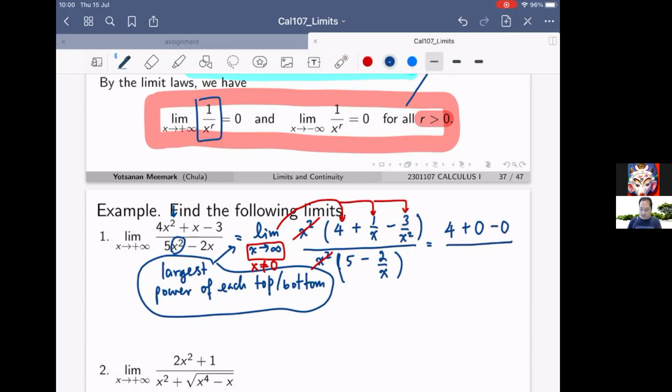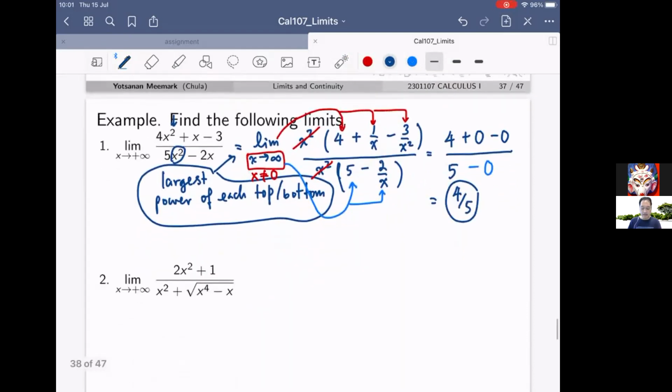And then at the bottom, this is a 5, so the limit of 5 will of course be 5, and then the limit of a constant over a large number goes to 0 immediately. So the limit of this fraction is 4 over 5.